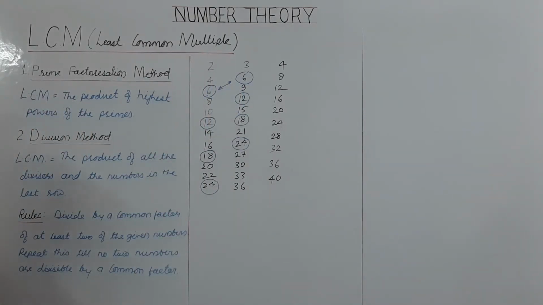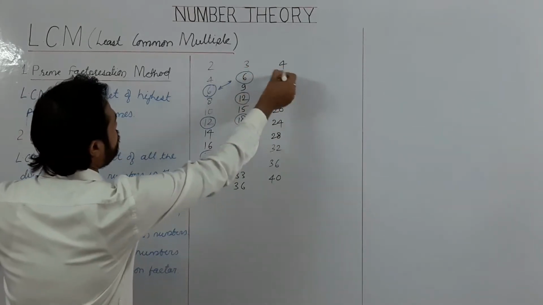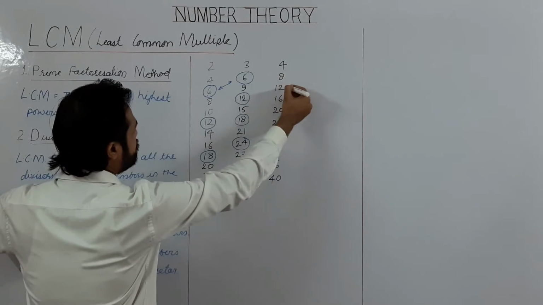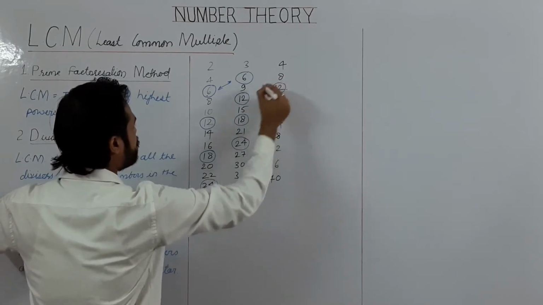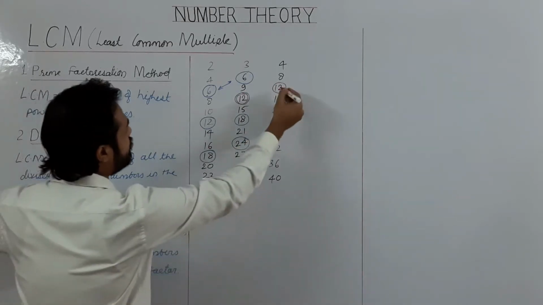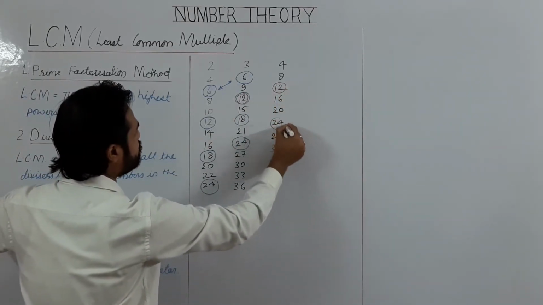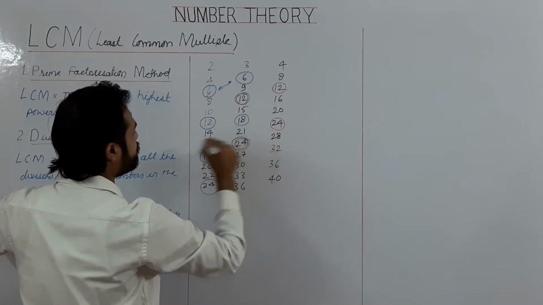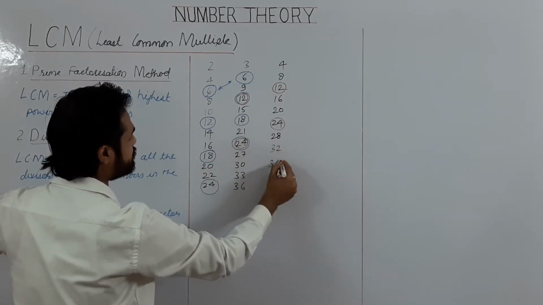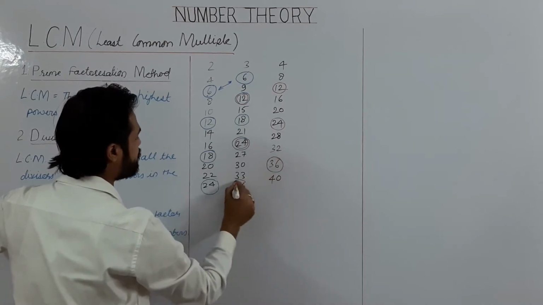Now let's try to find common multiples of 3 and 4. So for 3 and 4, 8, no. 12, yes. 12 is a common multiple for both 3 and 4. After 12, 24 is a common multiple. Then 28, no. 32, no. 36 is a common multiple.